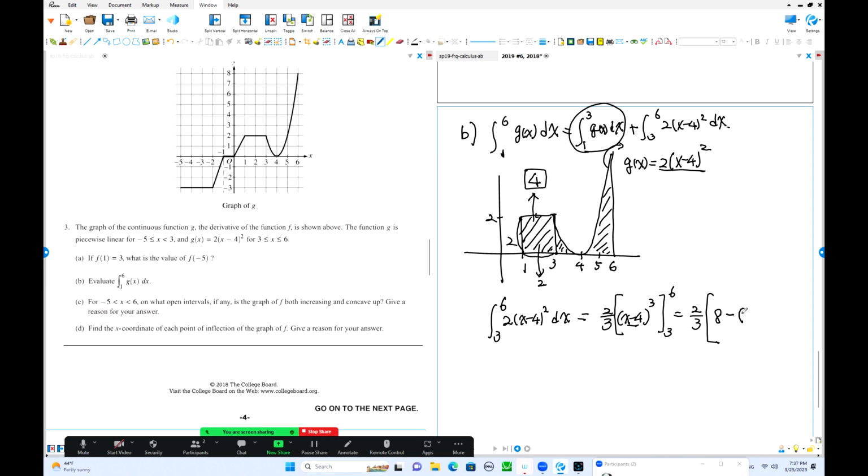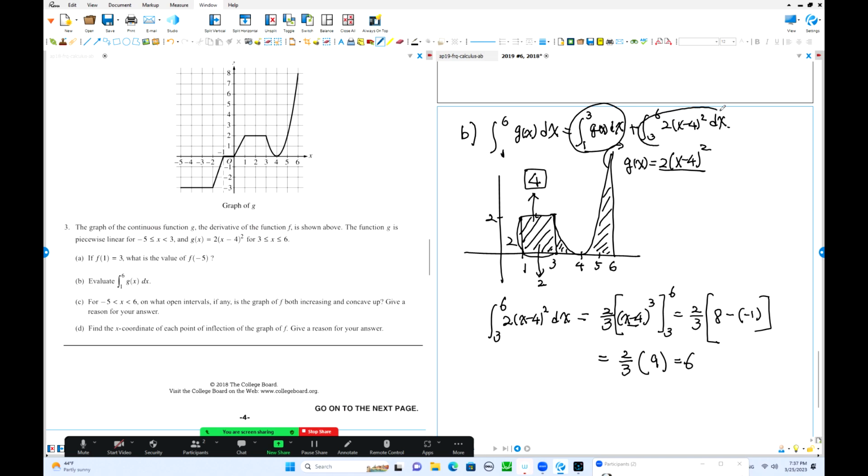And minus the second one: put the number 3 in there. 3 minus 4, that is x minus 4. Negative 1 cubed is still negative 1. So this equals 2 over 3 times (8 minus 1), which is 2 over 3 times 9, equal to 6.